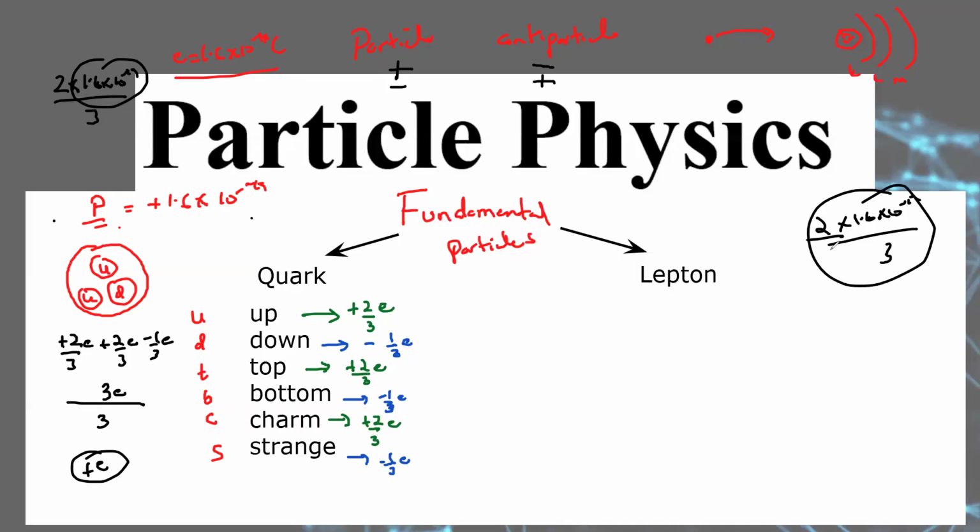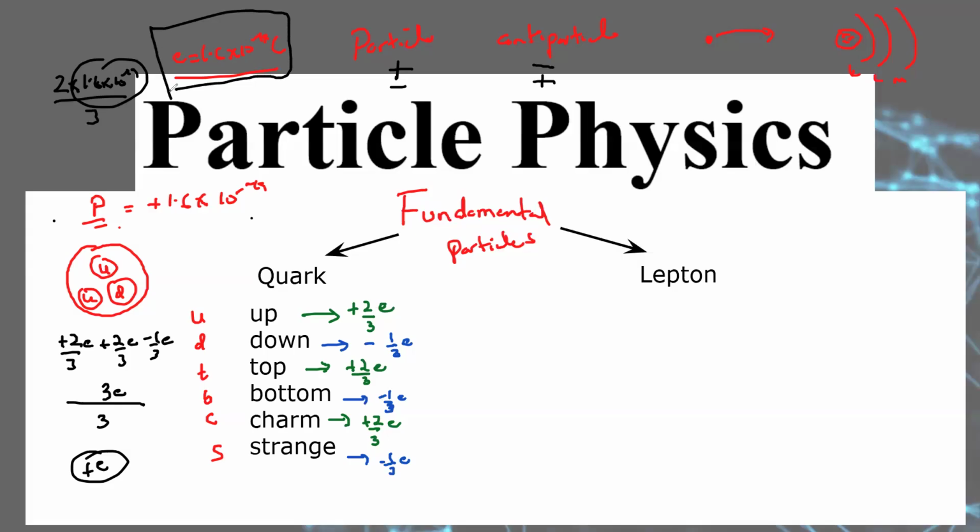That will be the actual magnitude. When I wrote plus 2 by 3, it is a charge compared to that of the electron, so it is the relative charge. So the relative charge of a proton is plus 1, or you can also say plus E, and E stands for 1.6 into 10 to the power minus 19. The meaning of the E is 1.6 into 10 to the power minus 19.